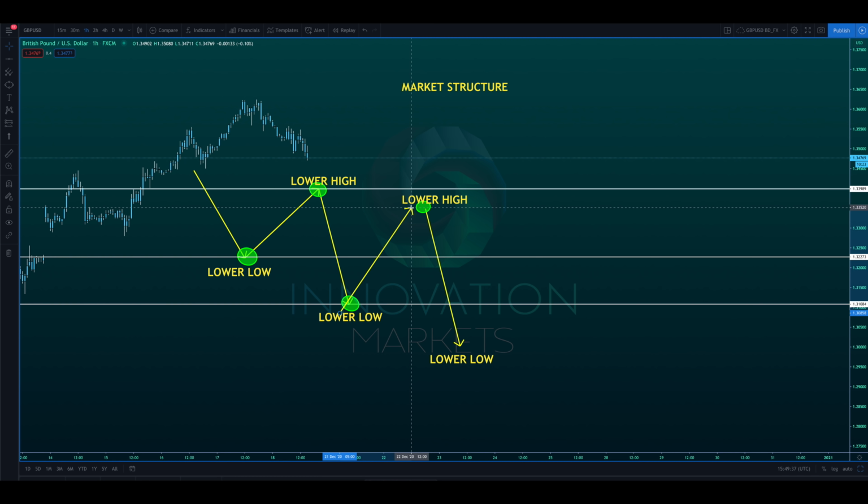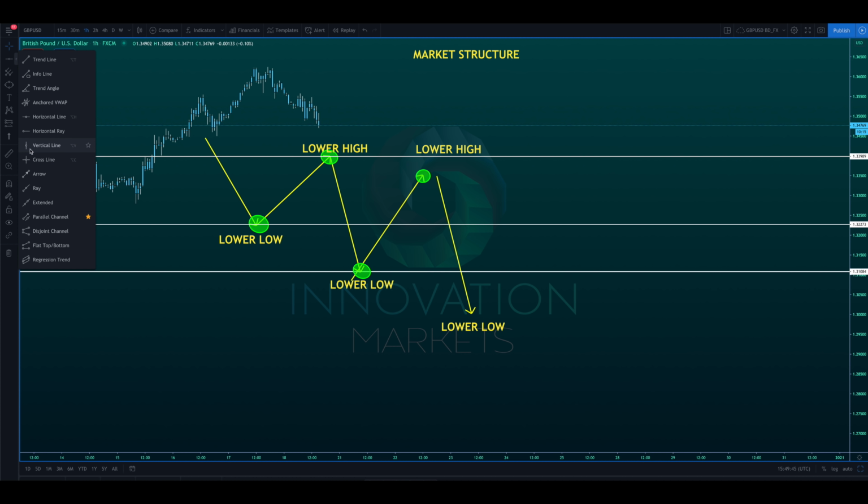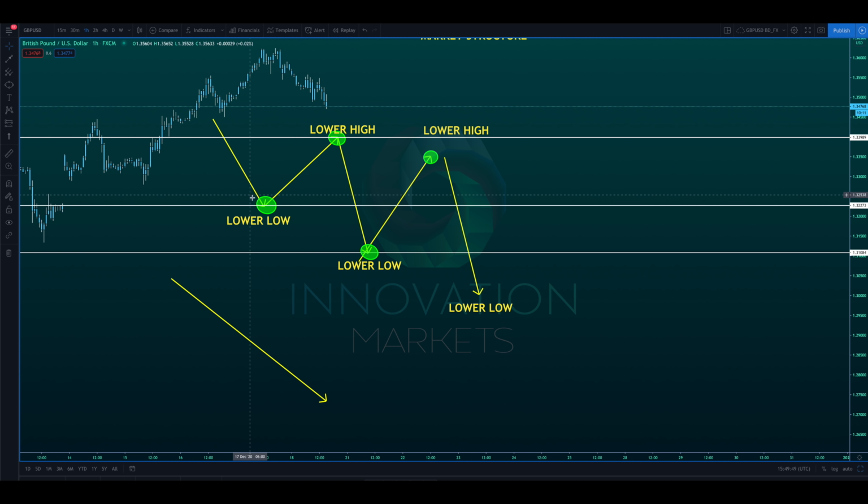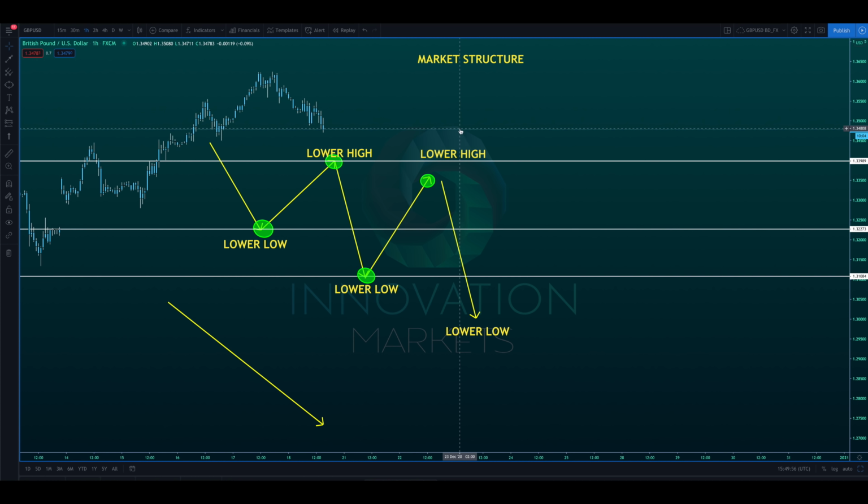But for the moment, let's just bring it back quickly and cover this one more time so we fully understand that in order to be in a downtrend, price must be making lower lows, lower highs, lower lows, and lower highs.